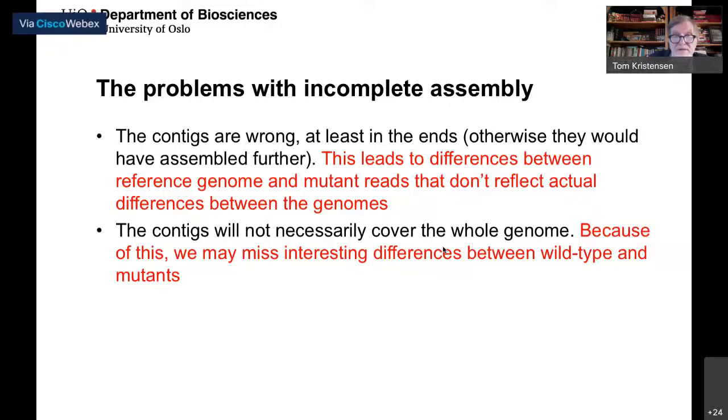So that we will observe differences between the reference genome and the mutant reads that don't reflect actual differences between the genomes, but simply problems or errors in the assembly process. And the contigs will not necessarily cover the entire genome, which means that if we were unlucky, we could miss interesting mutations because they were not part of the contigs that we ended up with.